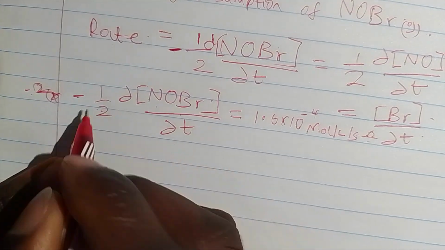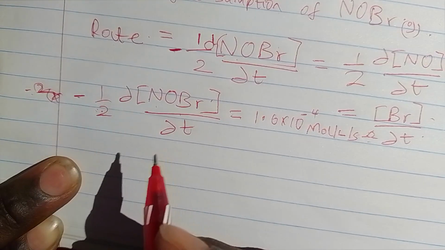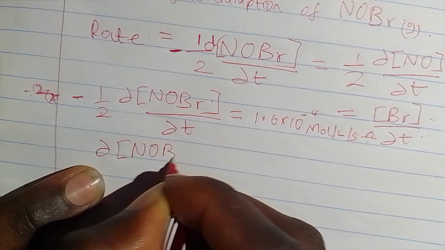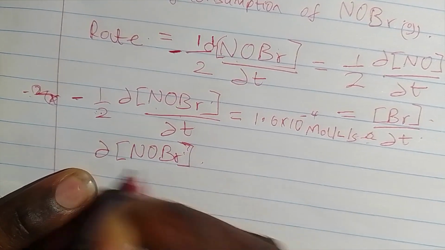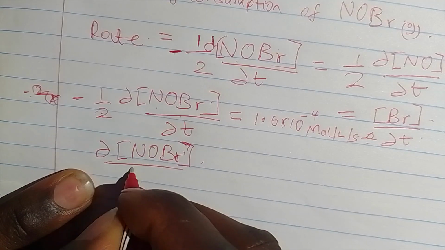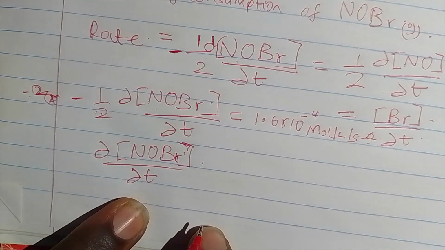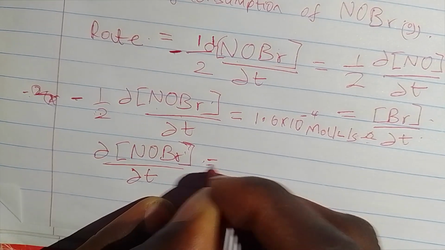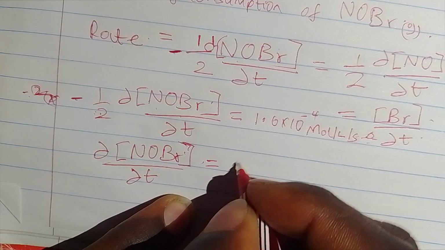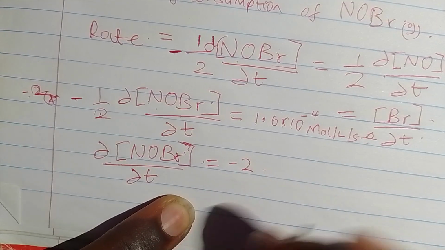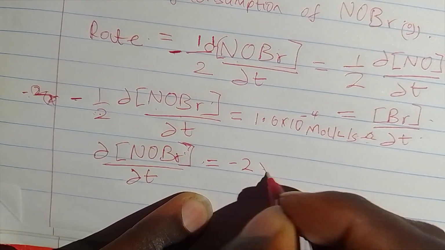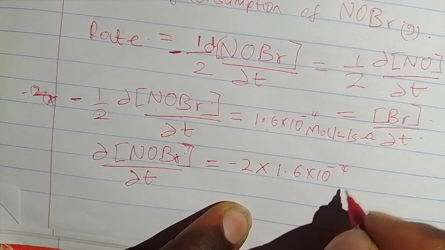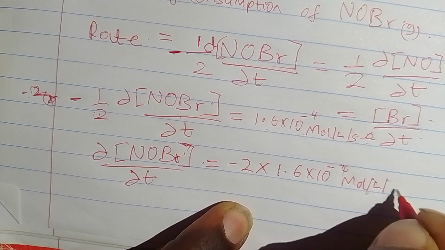When you multiply both sides by the reciprocal of -1/2, which is -2, this side you remain with d[NOBr]/dt, the rate of change of nitrogen oxide bromide. It will be equal to -2 times 1.6 times 10 raised to power -4 mole per liter per second.